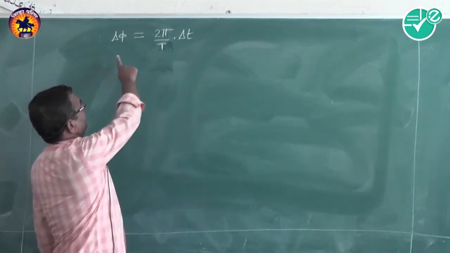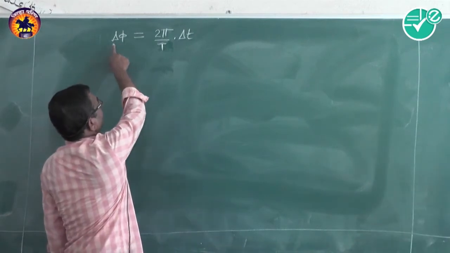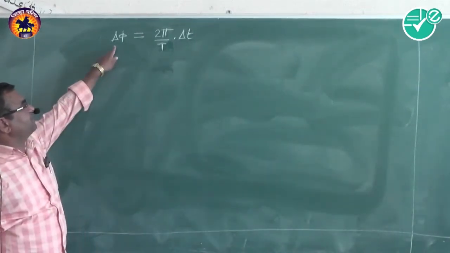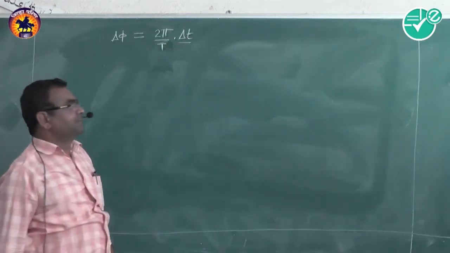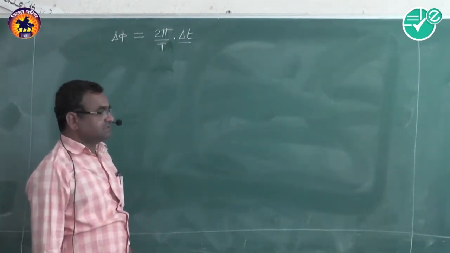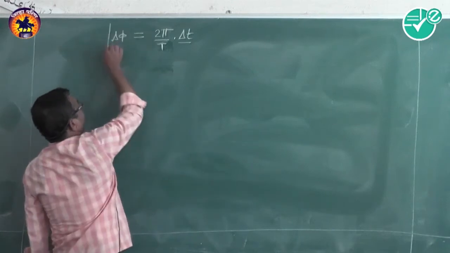Delta phi is the phase difference and delta t is the time difference. This is the relation we obtained in the last period.